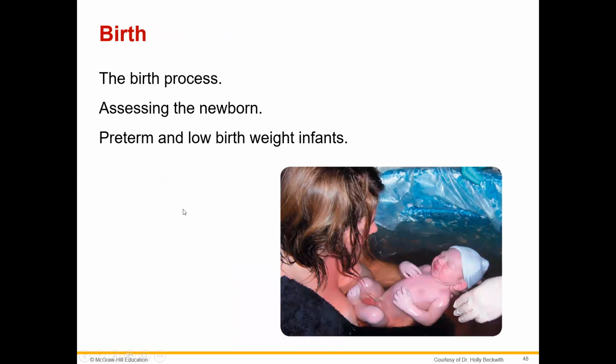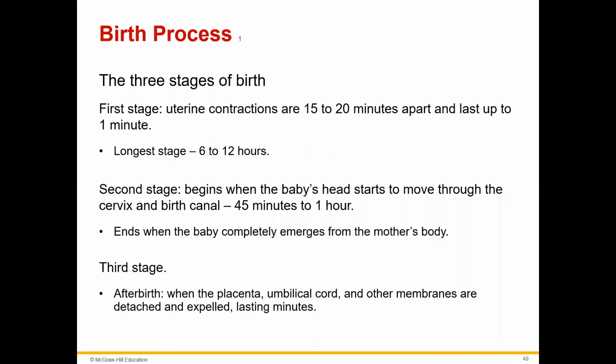Okay, and our final main topic is birth, and we will start with the birth process and the 3 stages of the birth process. During the first stage, uterine contractions are 15 to 20 minutes apart, so they're sporadic.